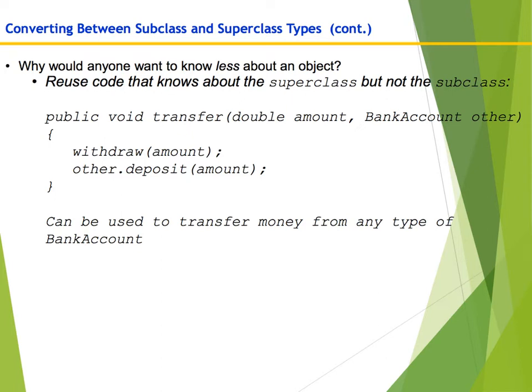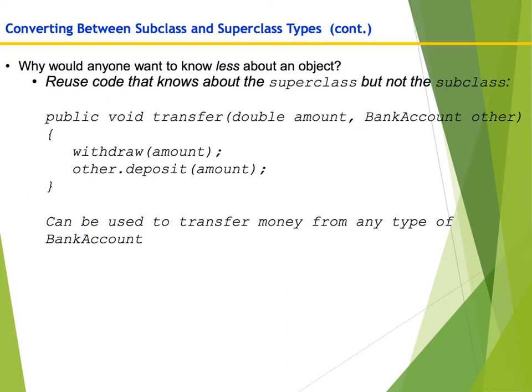To answer this question, you can take a look at this example of transfer method, which basically transfers some amount specified in the first parameter to the other bank account specified by other variable. So in this method, we have to first withdraw the amount from the current bank account, and then deposit the same amount to the other bank account specified in the second explicit parameter.